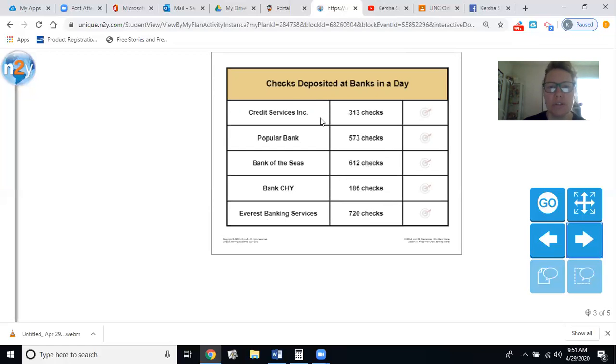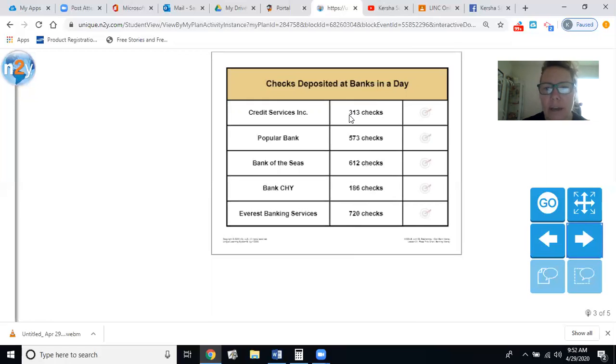Okay, so this is a new list of banks, and this is their amounts of checks deposited in one day. So let's find the bank with the least amount of checks deposited in a day.